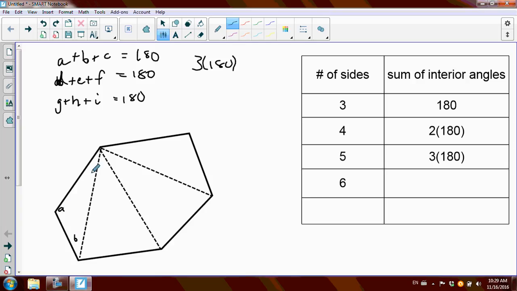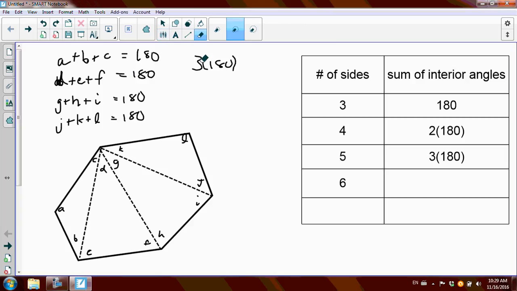A, B, C, D, E, F, G, H, I, J, K, L. Well, I've still got those three things going on, plus J plus K plus L also equaling 180.